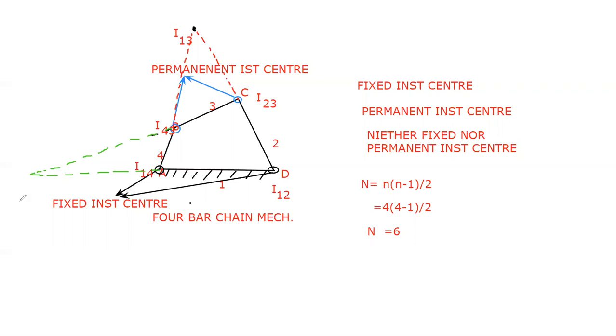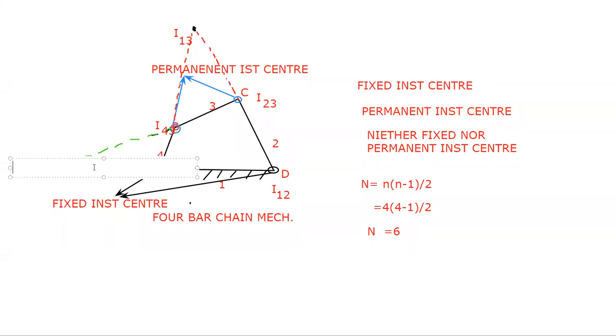Whichever point it is meeting over here, you can see it corresponds to links 2 and 4. So that is my one more instantaneous center I got. That instantaneous center is neither fixed nor permanent.